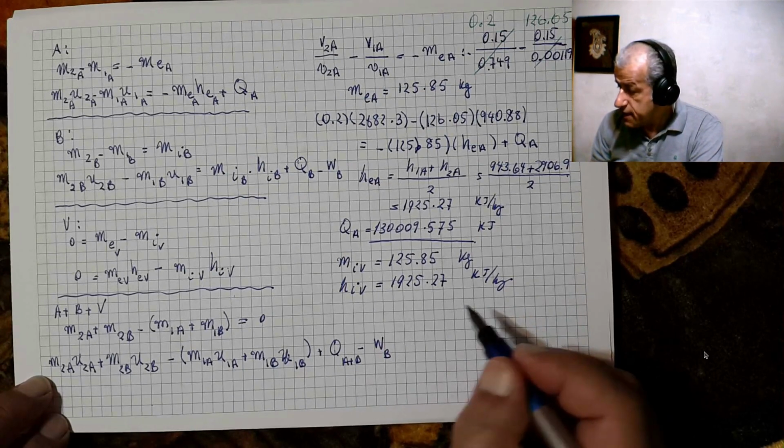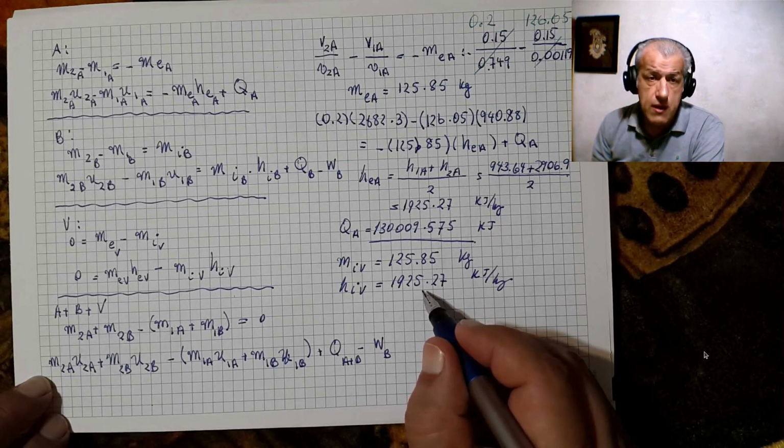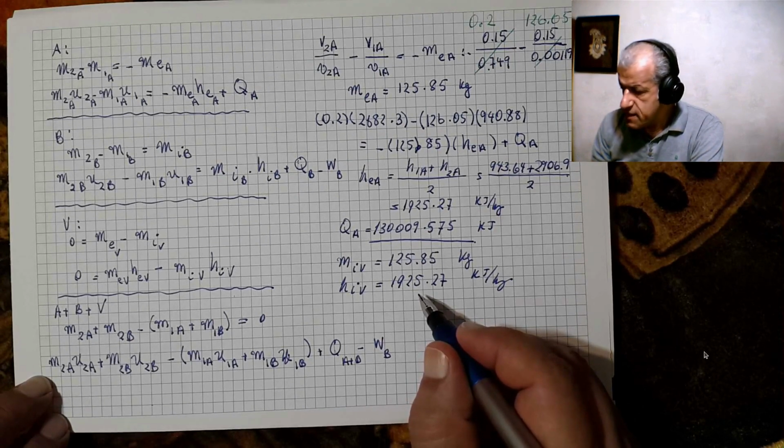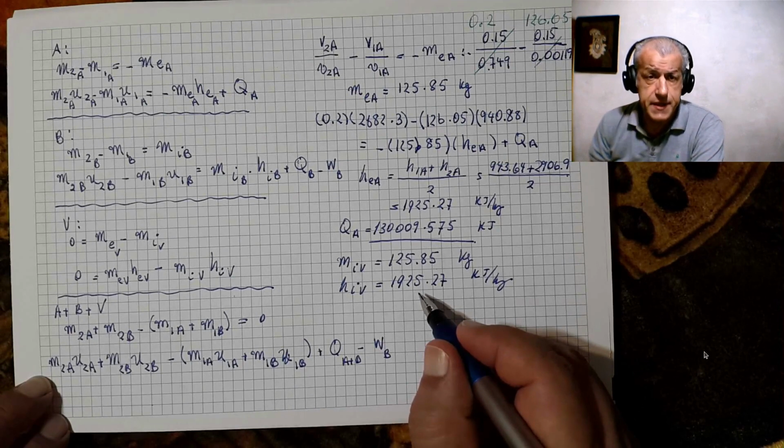If we were to average the incoming enthalpies initially and finally for B, then first there is nothing in it.